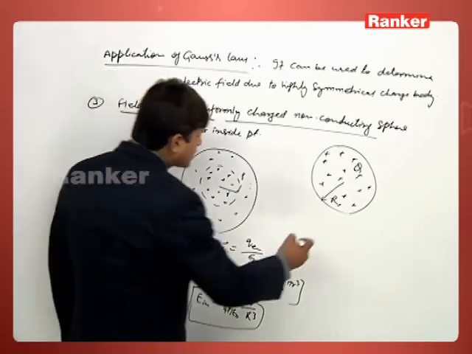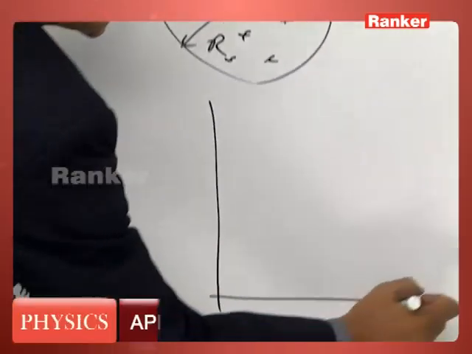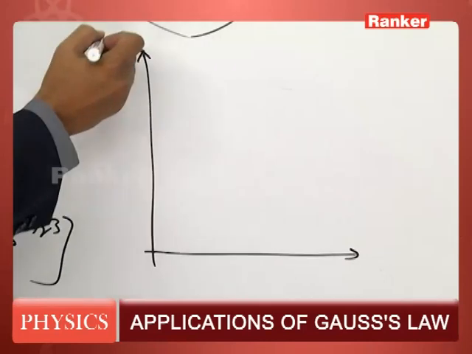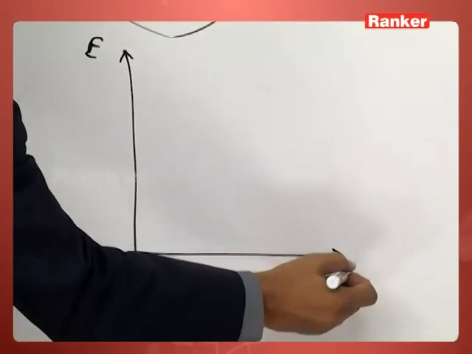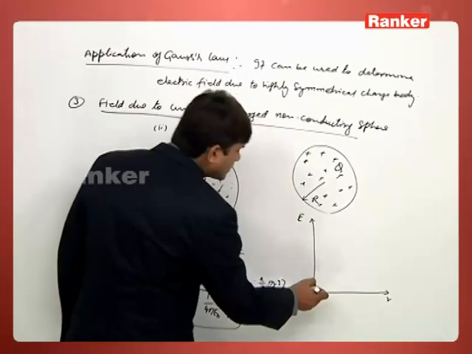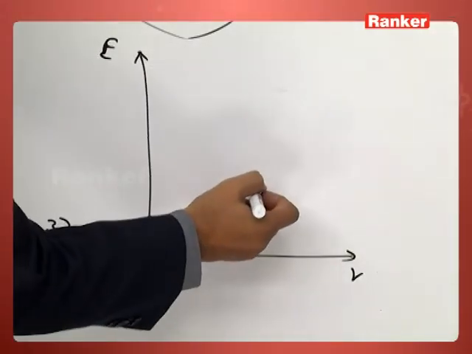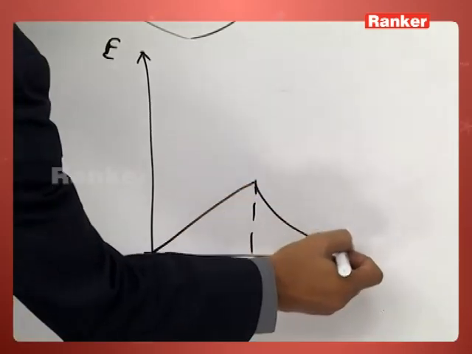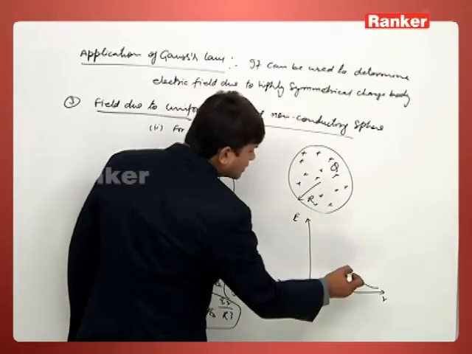So, what we observe, in case of non-conducting sphere, the electric field at inside point is directly proportional to r, and at outside point it is inversely proportional to r square.